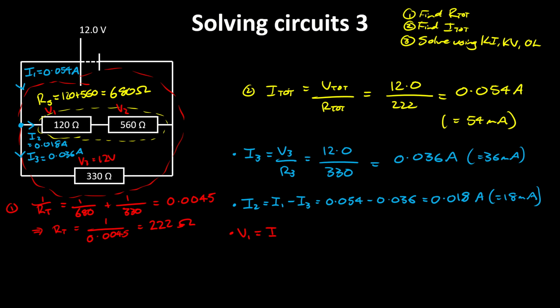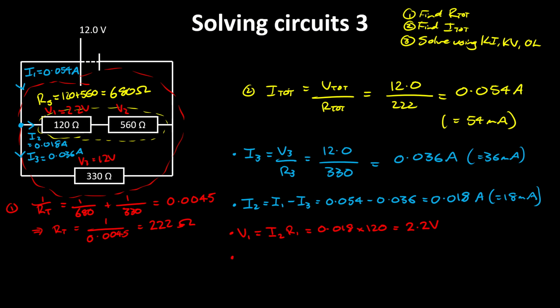The current there is I2, and confusingly named, I'll call it I1. That's unfortunate, but anyway, we'll go with it. So it's going to be 0.018 is the current multiplied by 120 ohms. Is, I'm going to round it off a little bit, 2.2 volts. Okay, so V1 is 2.2 volts.